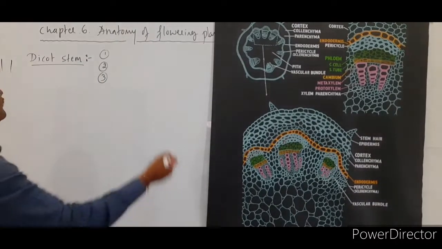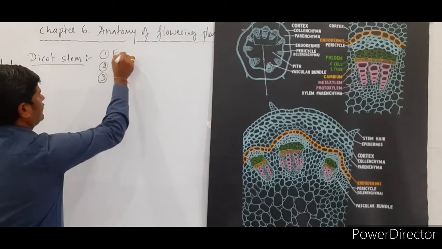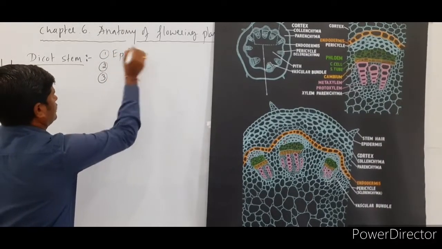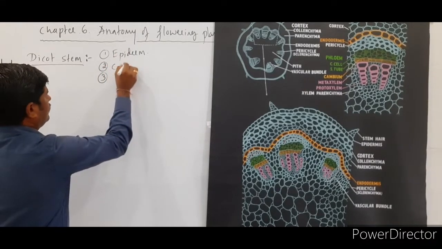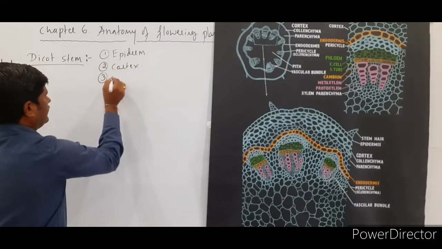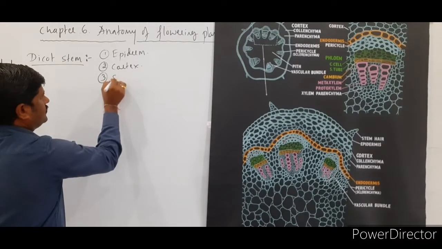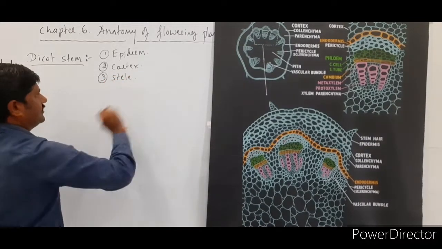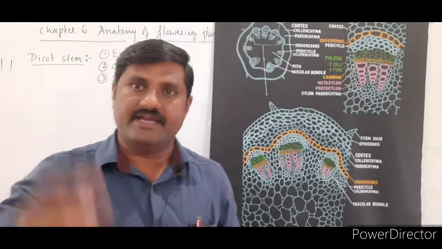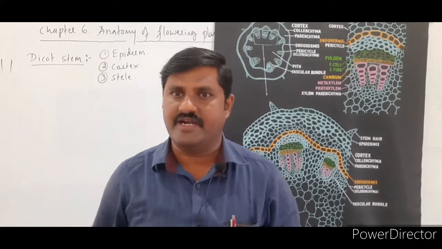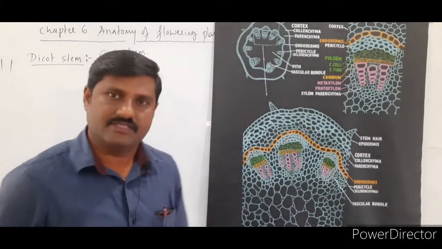So the first one is the epidermis, the second part is the cortex, and it is followed by the stellar region, which is the region lying below the endodermis. I have already explained this during the study of the root.